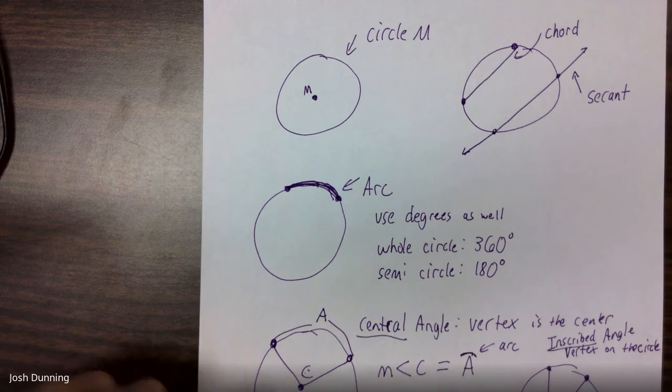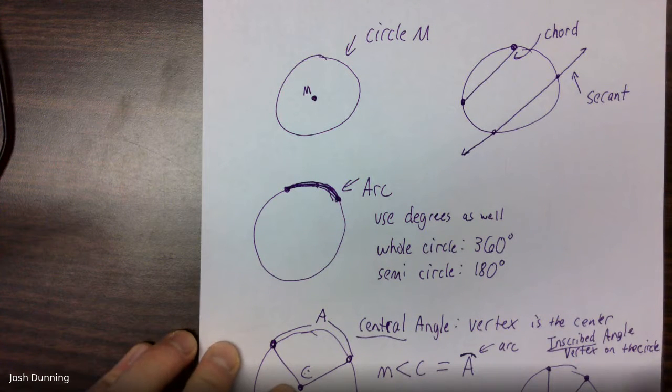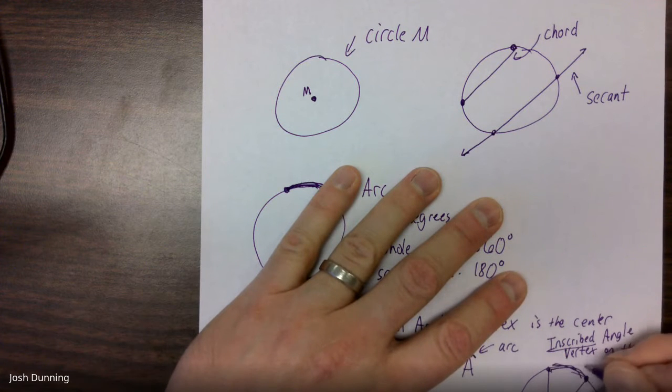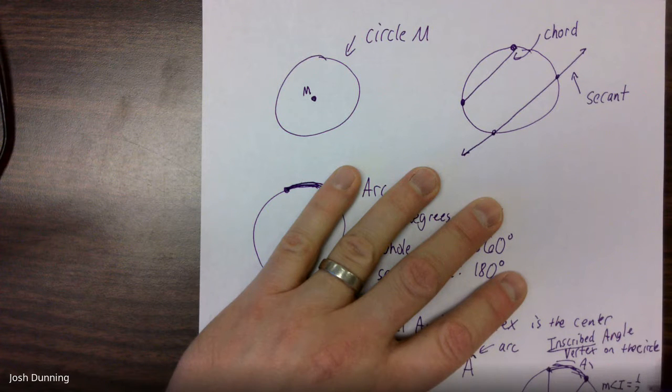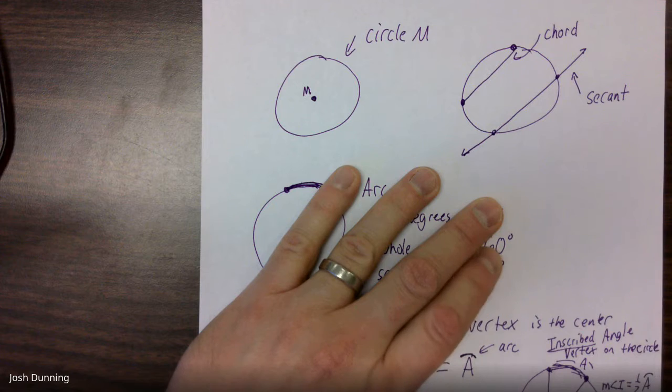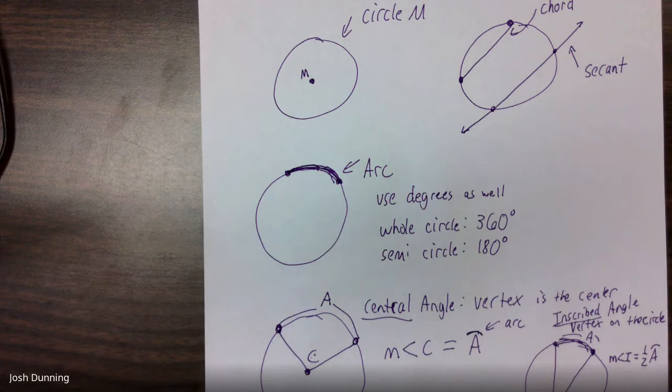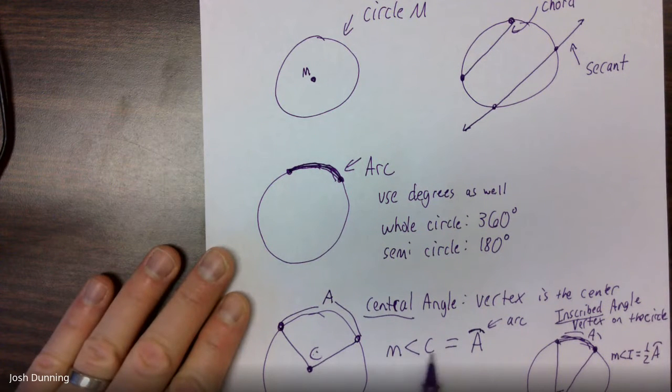So central angle, vertex is the center. Inscribed angle, the vertex is on the circle. The way this works, we'll use A for arc again. And this time I'll use I for this angle. So the measure of angle I is equal to half of the arc length, like half the number of degrees in the arc.